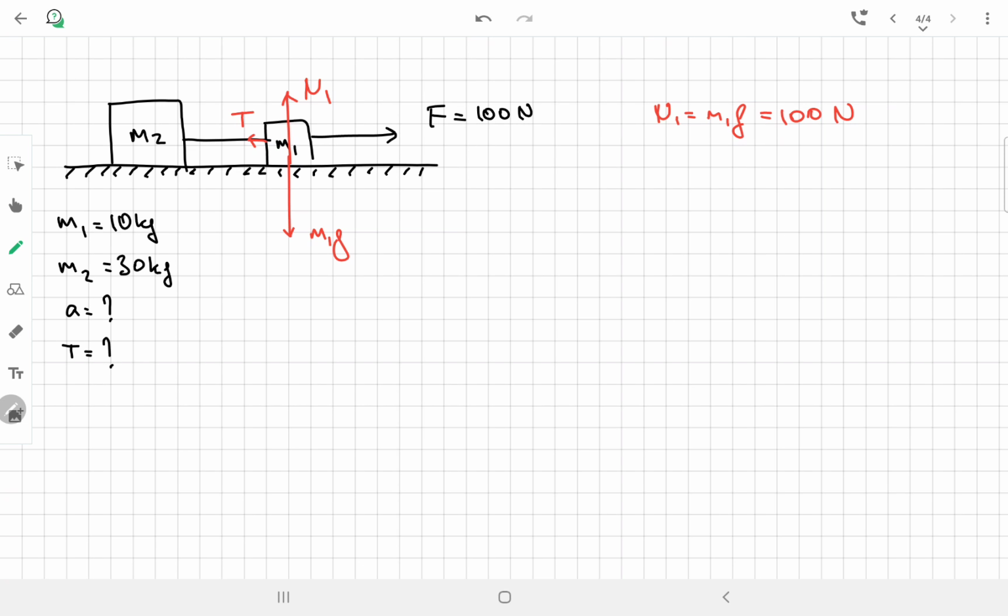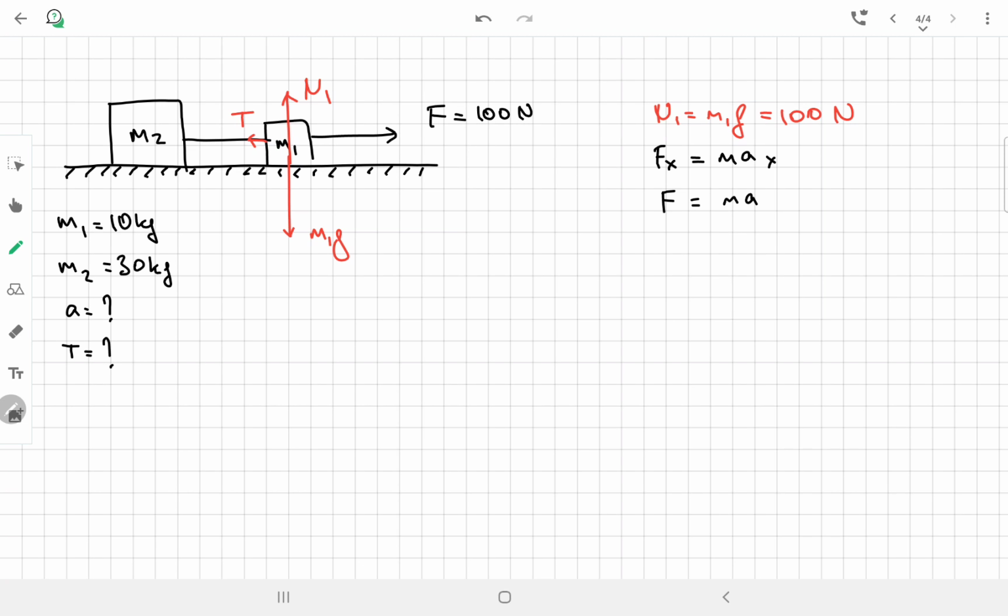It's obvious. So it means we need to find the resultant force in x direction, in horizontal direction. Actually, we need to write it this way: resultant force in x direction equal to ma, acceleration in x direction. But we know that it can move only in x direction, so let me keep it simple. Just resultant force equal to ma.